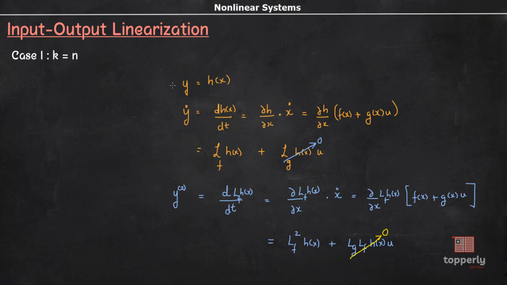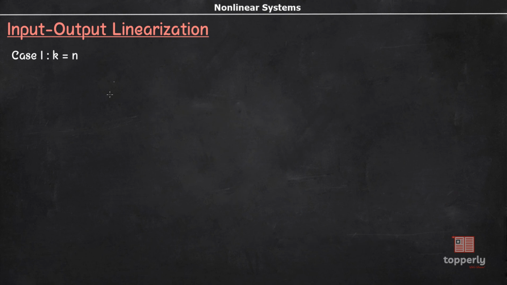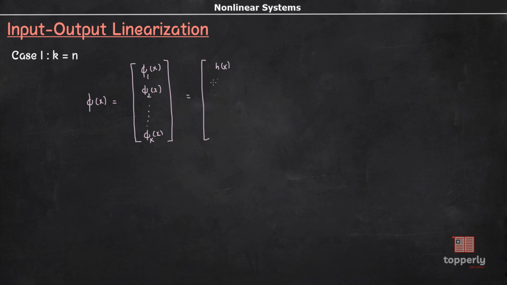Now, if I write this as phi 1 of x, this is phi 2 of x, this is phi 3 of x, and similarly if I write everything down, we get phi of x equal to phi 1 of x, phi 2 of x, etc. to phi k of x, which is equal to h of x, Lf h of x, etc. to Lf^(k-1) h of x.